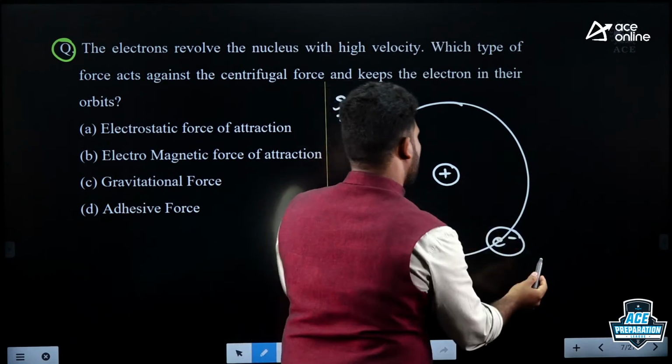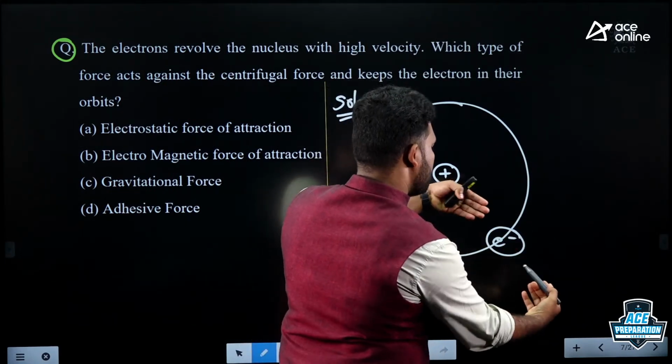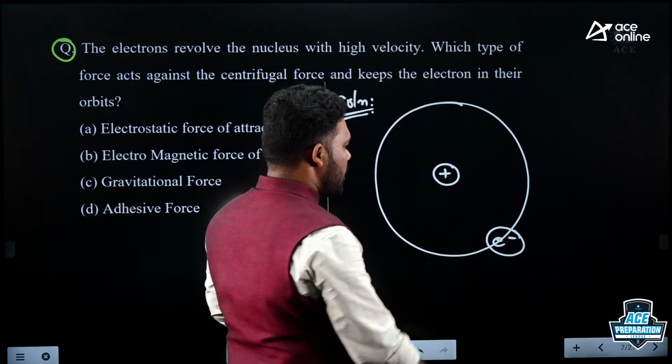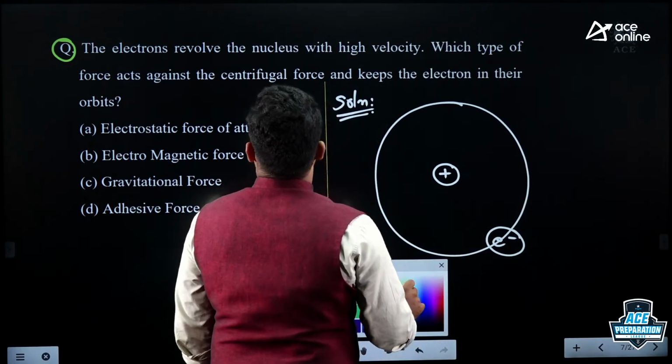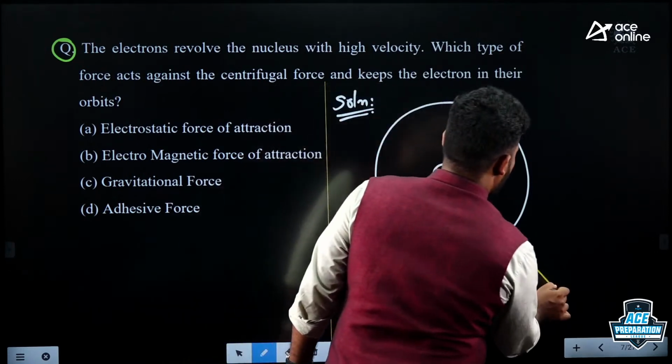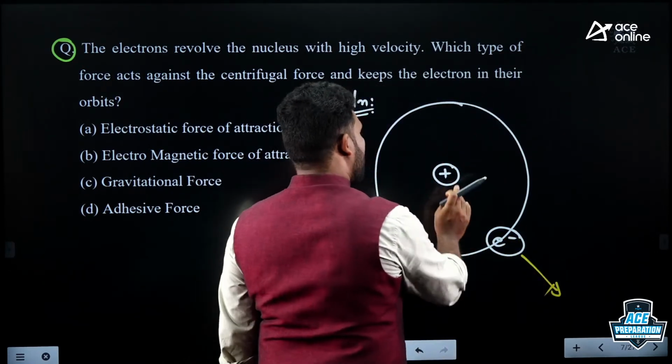It can revolve only when the centripetal and centrifugal forces are balanced. As it is revolving, obviously there will be a centrifugal force, away from the center, and this must be balanced with the other force.